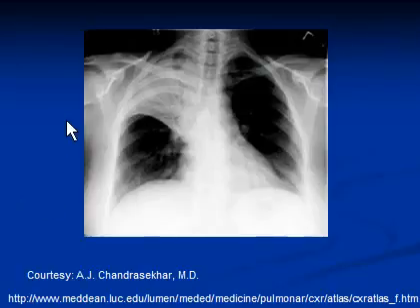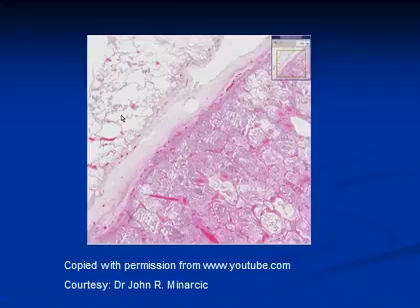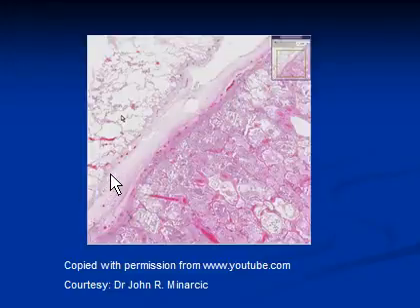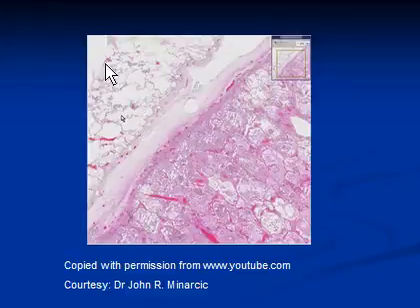A typical picture of pneumonia, a lobar pneumonia, which is usually caused by Streptococcus pneumoniae. If you take a sample from here and put it under a microscope, the sample should look like this. So this is pleura, ventral pleura. This is the normal lobe, and this is the infected lobe.